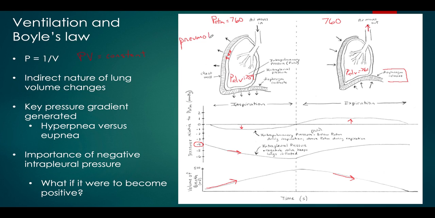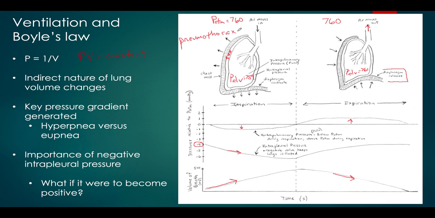Pneumo for air, thorax for thorax, meaning air in the thorax. And because of that, the thoracic volume can be changing dramatically left and right, but because the lung's not stuck to it, the lung is no longer ventilating. And you have a collapsed lung. So pneumothorax is one version of a collapsed lung.